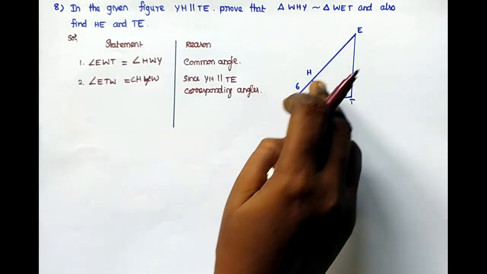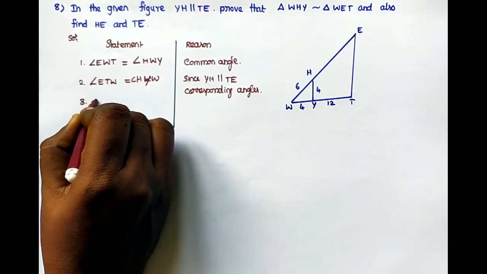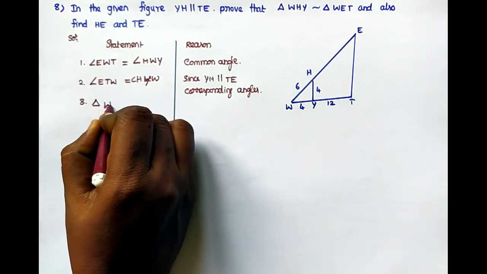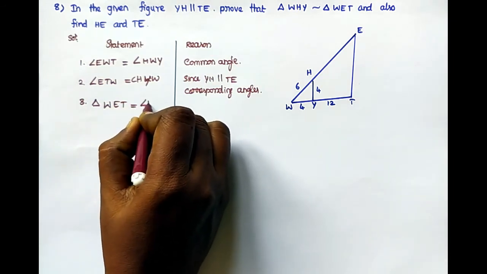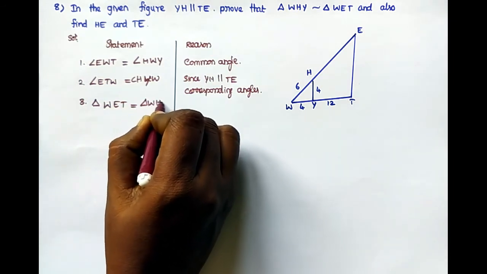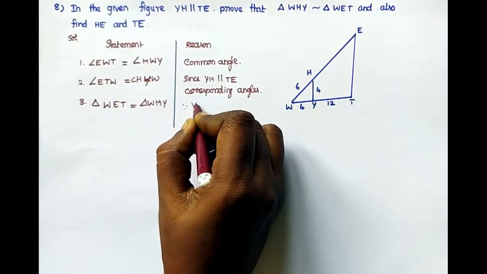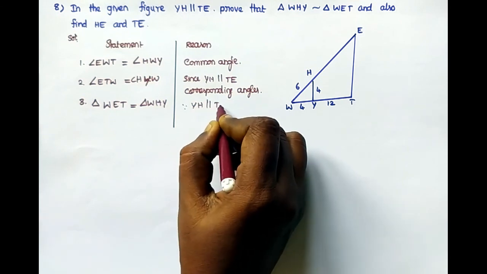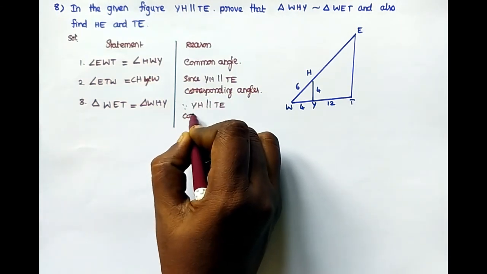And angle WET is equal to angle WHY. Triangle WET is equal to WHY, since YH is parallel to TE, same corresponding angles.